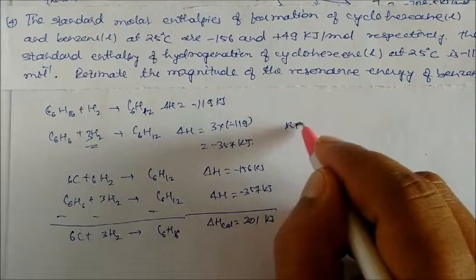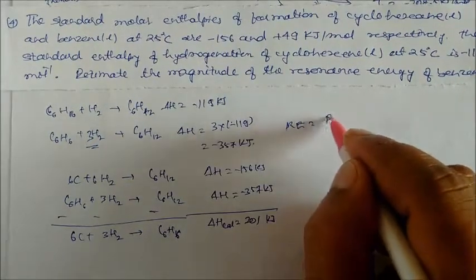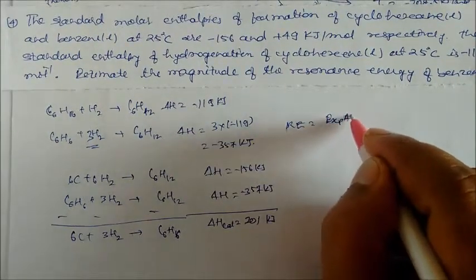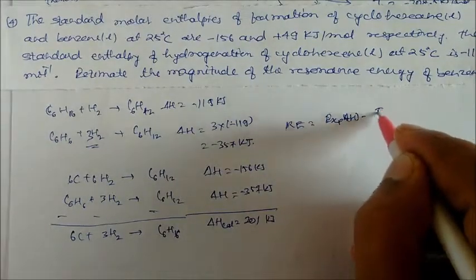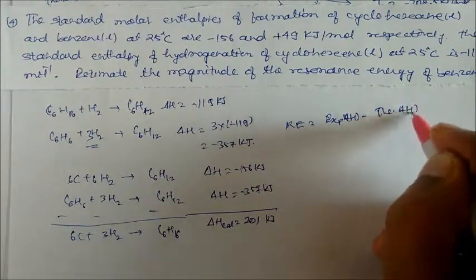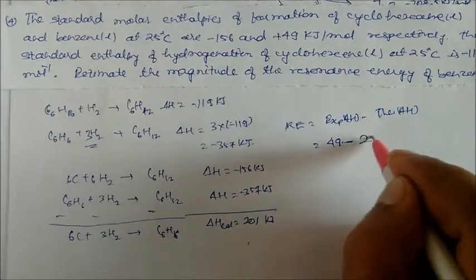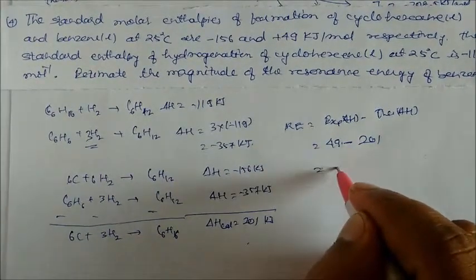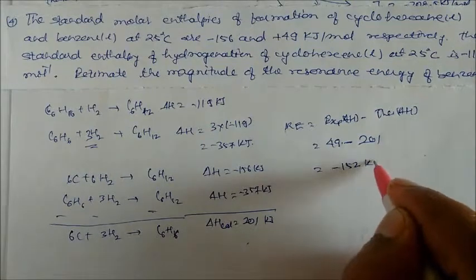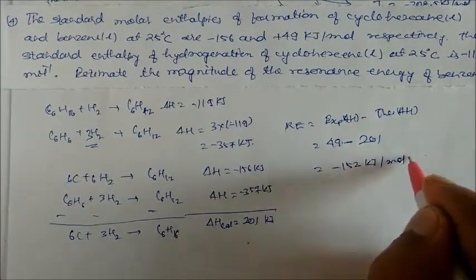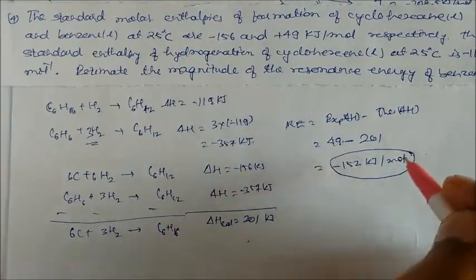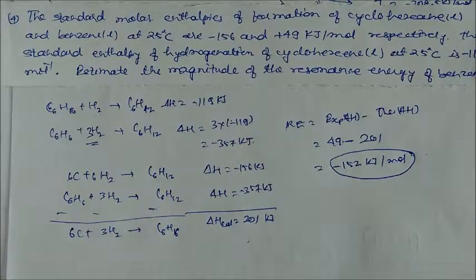Resonance energy is nothing but the experimental delta H minus theoretical delta H. So experimental is given here as 49 minus theoretical 201. If you subtract, it will give you 152 kilojoule per mole. So this is our answer to this question.